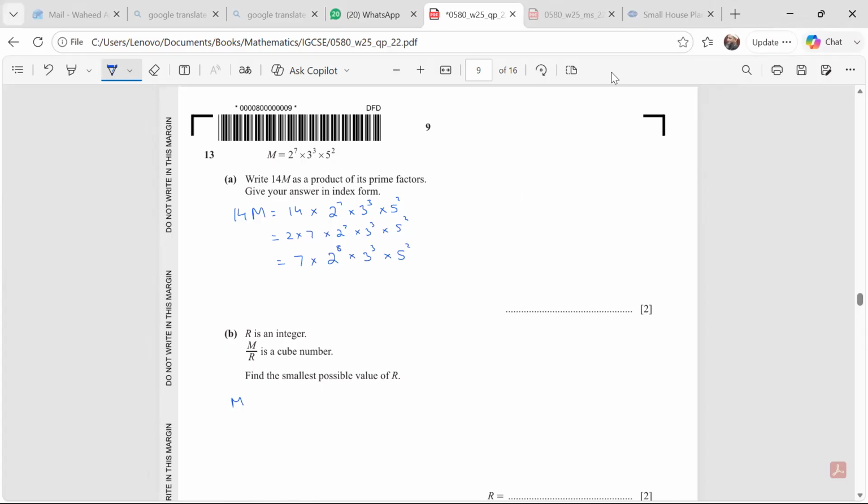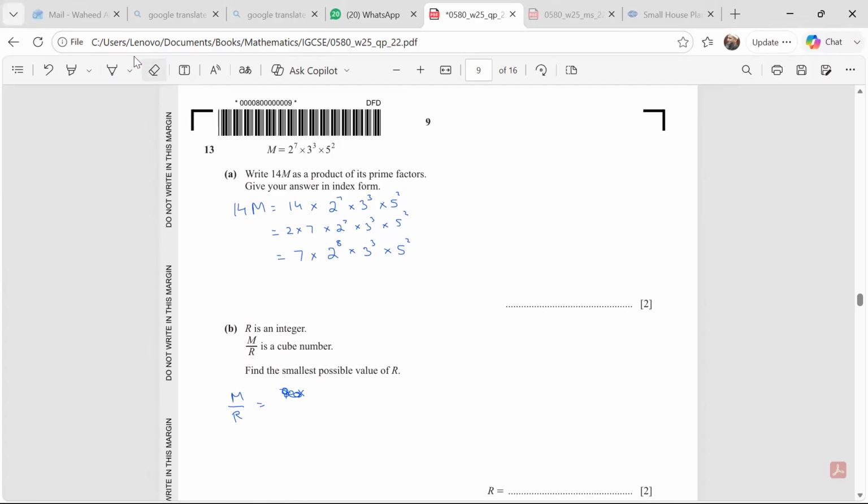So n over R would be... Okay, forget about it. So n is 2 to the power 7, 3 to the power 3, and 5 to the power 2.